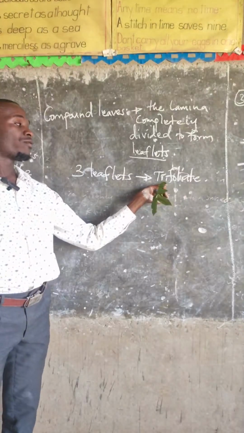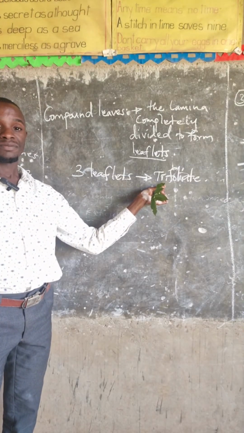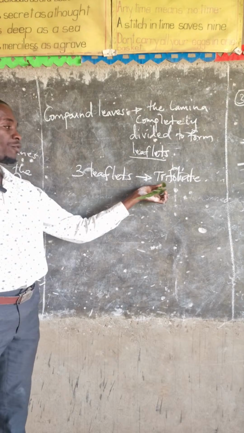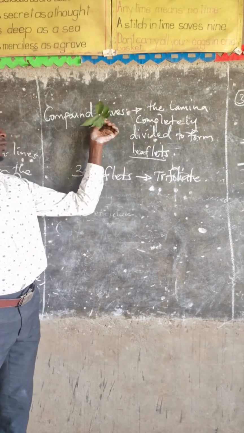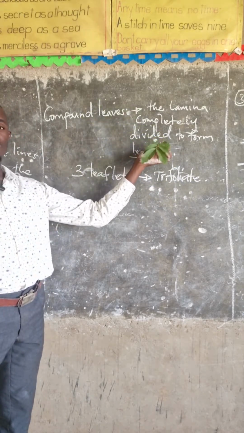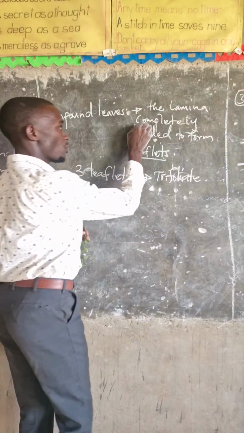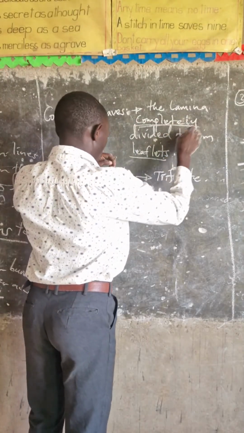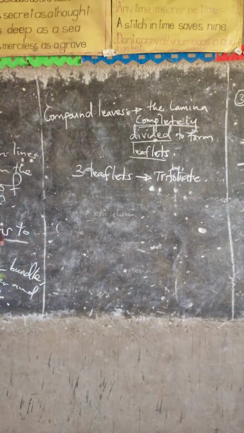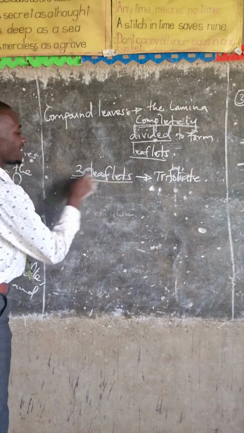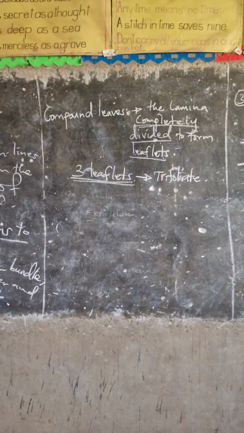We can take an example of a bean leaf. A bean leaf is a trifoliate leaf because when its blade divides completely, it forms 3 leaflets.